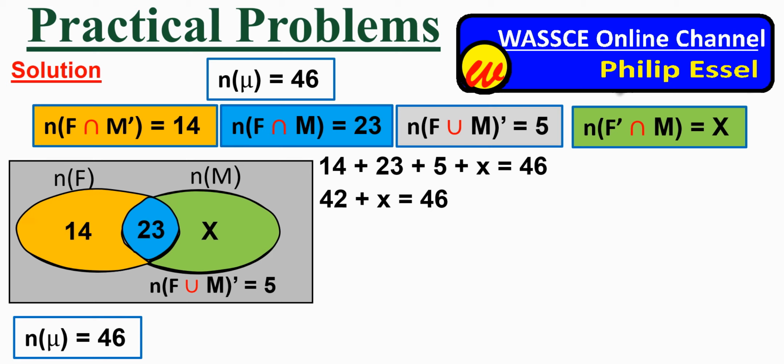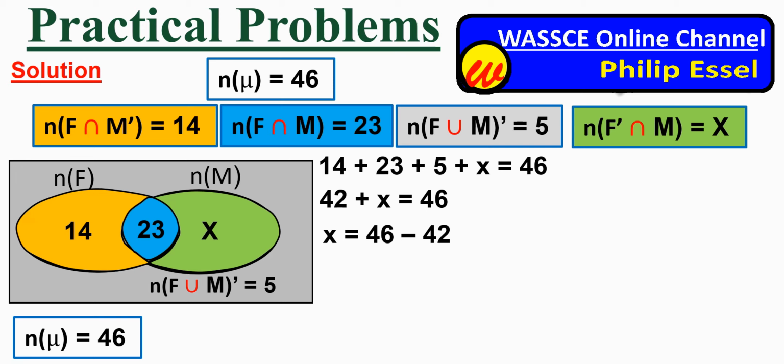At this point, we'll move the 42 to the right side of the equation and it will become negative 42. We'll leave the x alone on the left side of the equation. So that will give us x equals 46 minus 42. 46 minus 42 gives us 4.